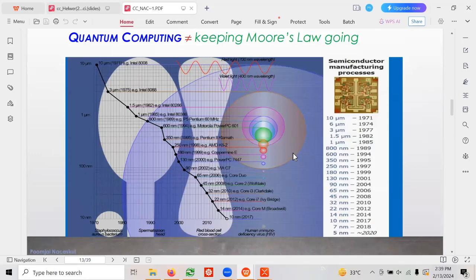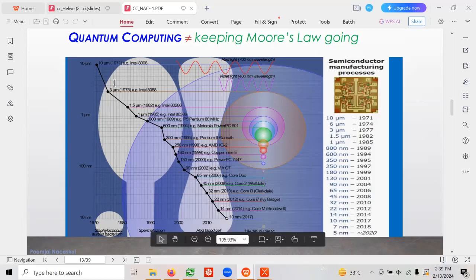Quantum computing is not about keeping Moore's law going. Actually, this is a side conversation, guys. You know about Moore's law, right? The power of computing. I can't see it, my eye is not that great, but you can see that the size of the individual transistor gets smaller.